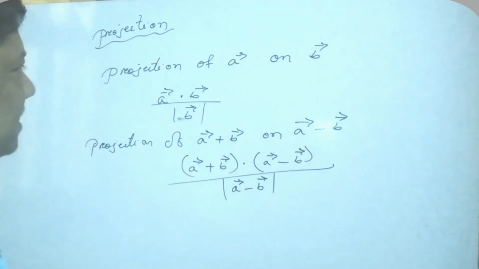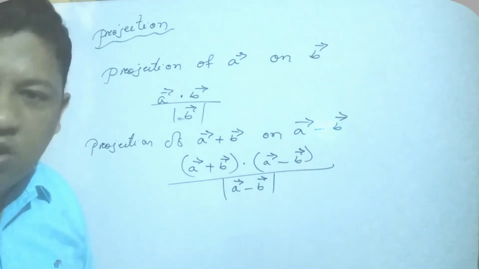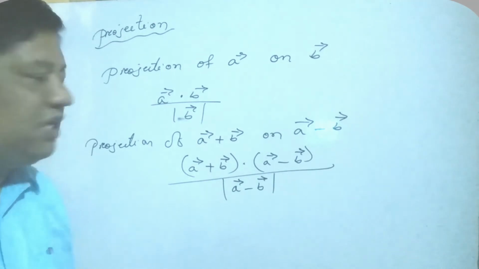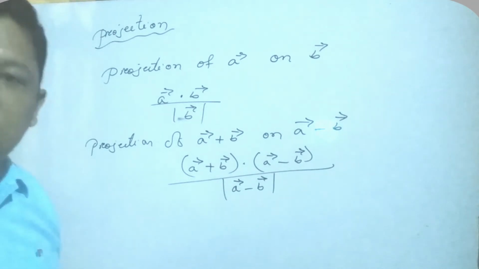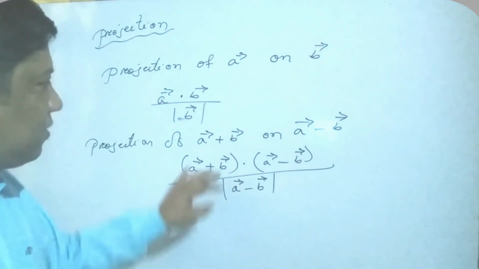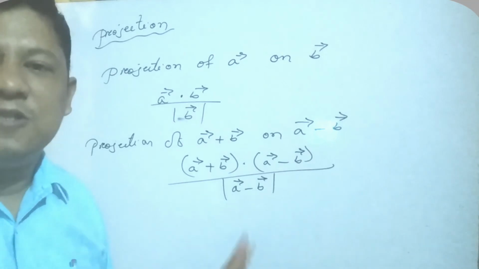Today we will discuss how to find the dot product of two vectors and also projections, like the questions in exercise 10.3.